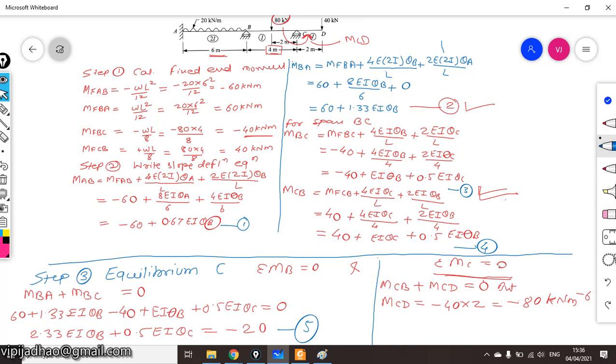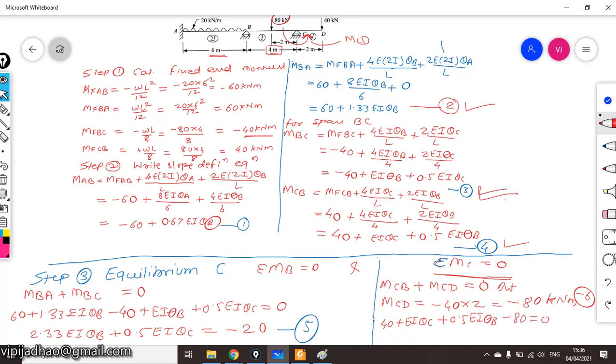Here, summation of moments at C equal to 0, we have MCB plus MCD is equal to 0. Therefore add equation number 4 and 6. Therefore we get 40 plus EI theta at C plus 0.5 EI theta at B minus 80 is equal to 0.